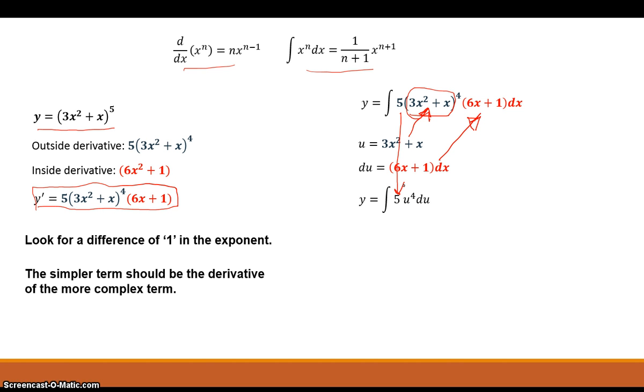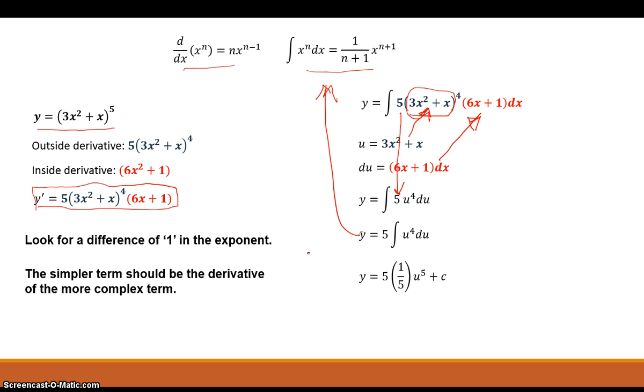So knowing our rules of integration, the 5 comes outside the integral sign. Now we just take this term and follow our rules of integration, where we take the antiderivative of u to the fourth du, and you just add 1 to the exponent and then divide by the new exponent.